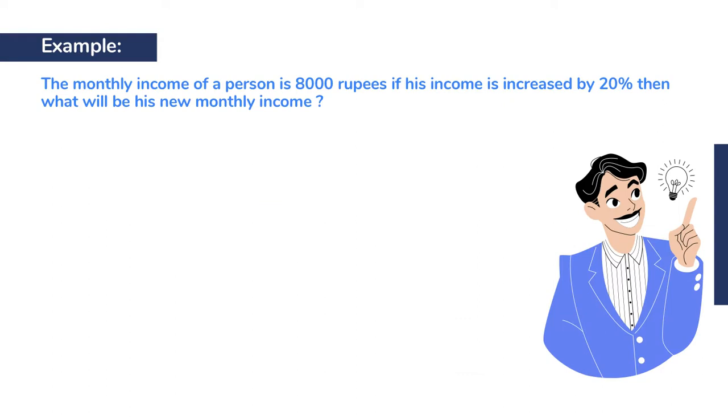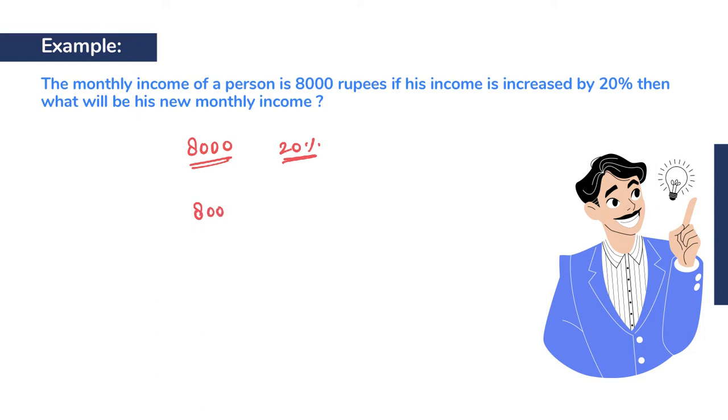In this example, the example is saying the monthly income of a person is 8,000 rupees. If his income is increased by 20%, then what will be his new monthly income? First his income is 8,000 rupees. Now it is increased by 20%. So what will I do?